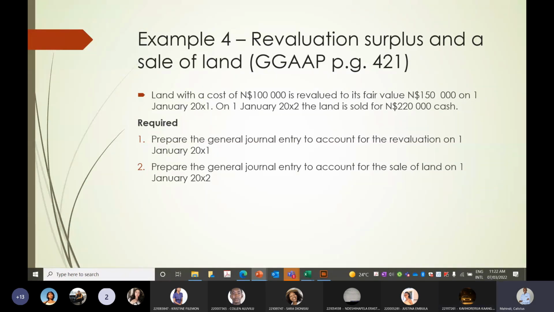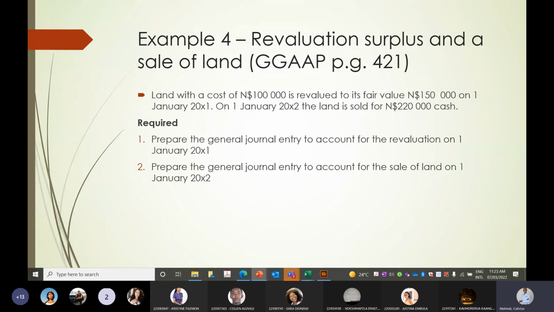What I want you to do is to go and do this example on your own. Okay? So what happens when the land is sold? This will require you now to go and read the theory, all right? So that you can actually understand the journal entries that you would provide when you're accounting for such a transaction.